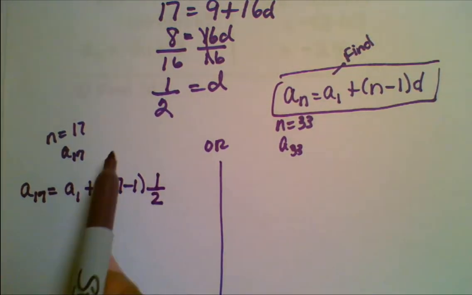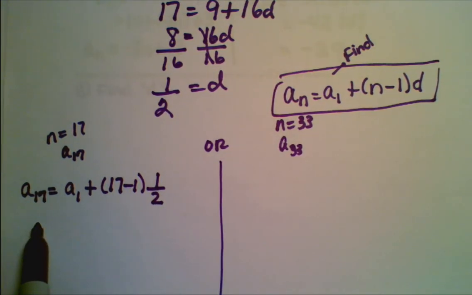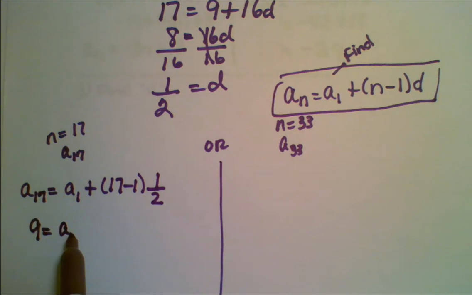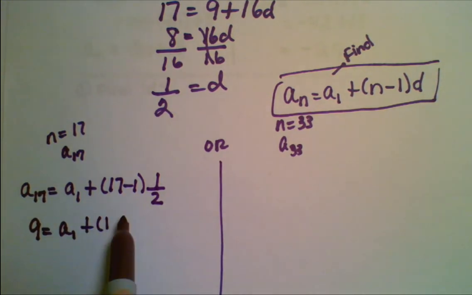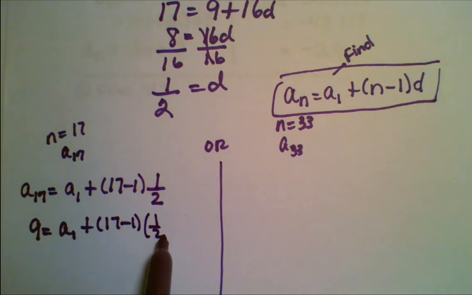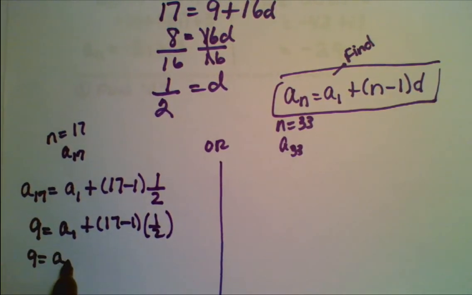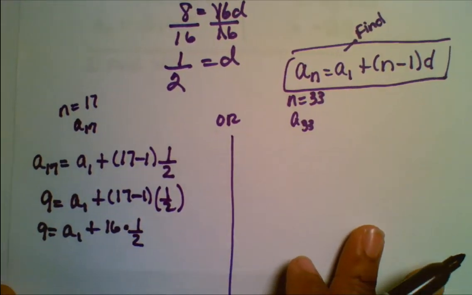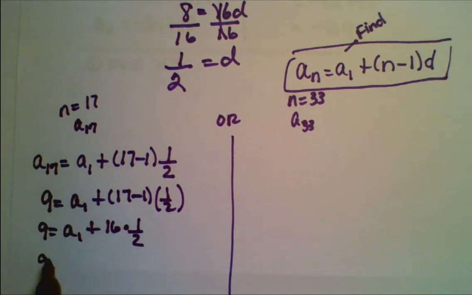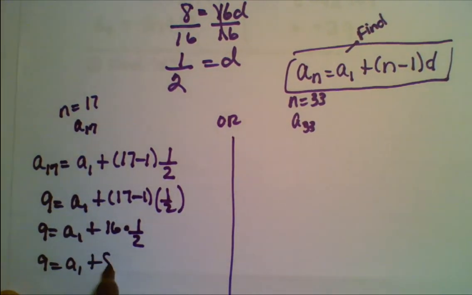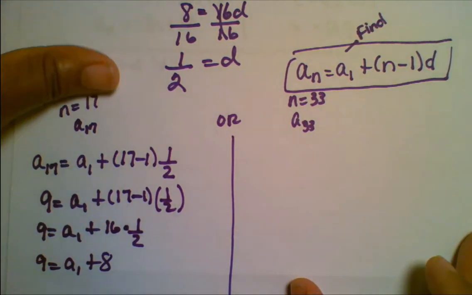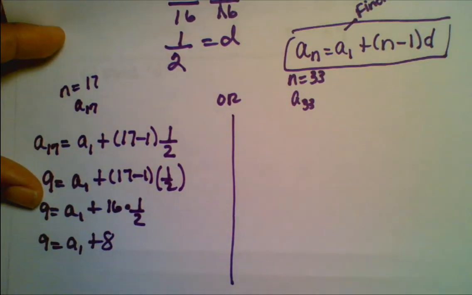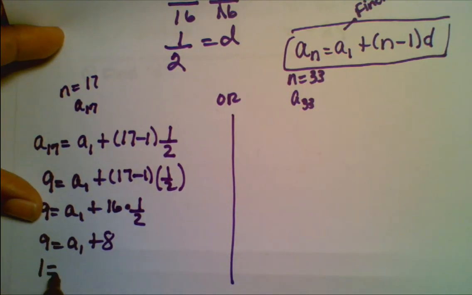Now, a sub 17 has a value of 9. So we have 9 is equal to a sub 1 plus 17 minus 1 times 1/2. 9 is equal to a sub 1 plus 16 times 1/2. And half of 16 gives us 8. Then we subtract 8 from both sides, and we have 1 is equal to a sub 1. So our first term of this sequence is 1.